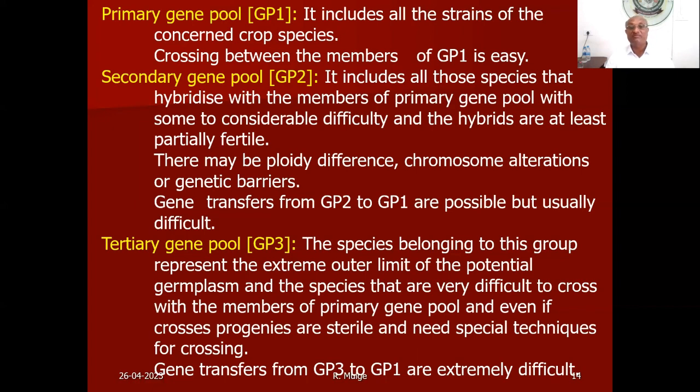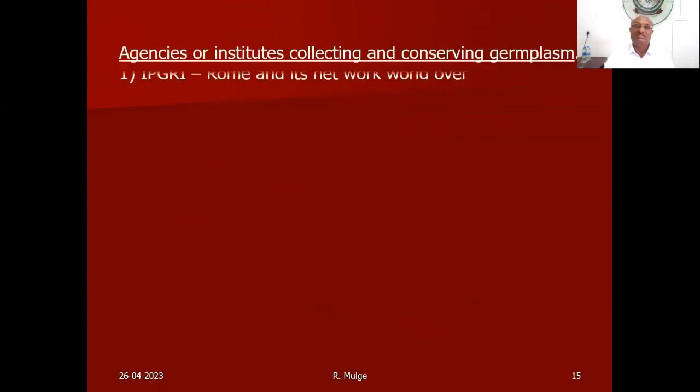So gene transfer from GP3 to GP1 is extremely difficult. Right now, you have to try with secondary gene pool first, and then from there you can transfer that. It's not easy. These are the definitions of primary, secondary, and tertiary gene pool, and how they behave.